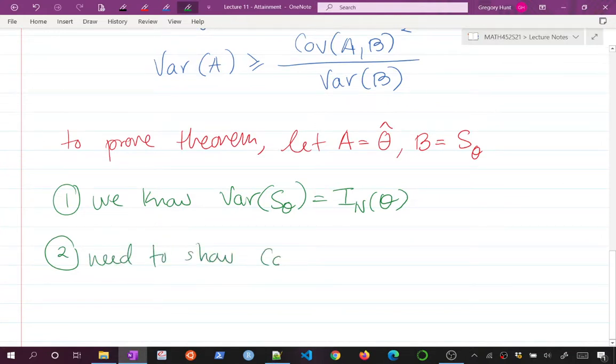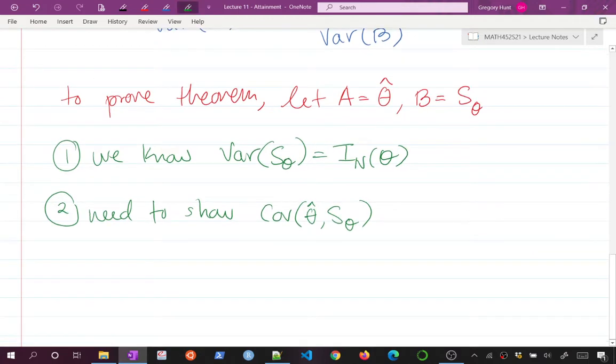So we need to show that if I look at the covariance between theta hat and the score, so these are both random variables based on the sample. Theta hat is a statistic based on the sample. The score is some other statistic. It has some fancy formula, but it's just another random variable based on my sample.